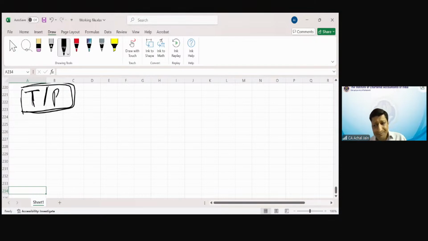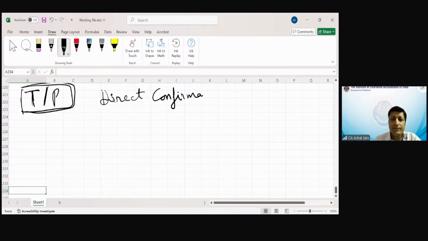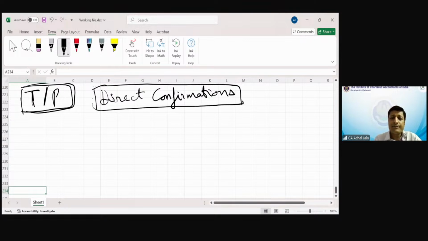Now, here again, before I get down to various other procedures, a very important procedure which is required to be performed by the auditor happens to be direct confirmations. This is a very important procedure.